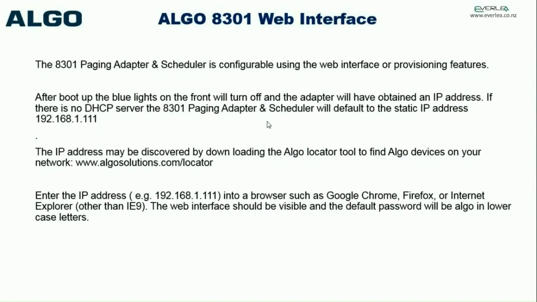For example, the default IP is 192.168.1.111. If you're doing a direct connect from your laptop to it, you should set your LAN port interface to 192.168.1.100, for example. Okay, so there's no conflict of IP address, but you can still talk.